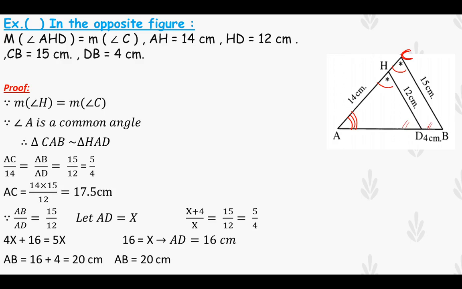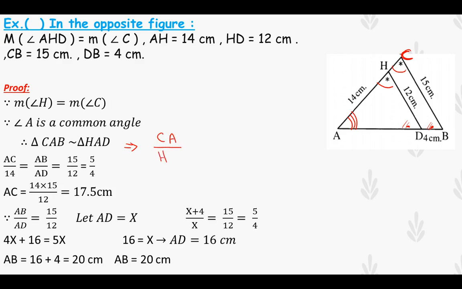So measure of angle B will equal measure of angle D. Okay? So let's write the corresponding sides. CA over HA, CA its length we don't know, so we'll write AC over 14 centimeters. Again, let's write it together first because I want you to see the corresponding or proportional sides.